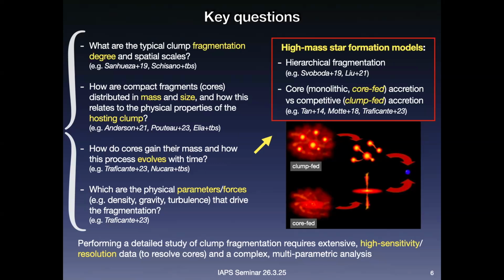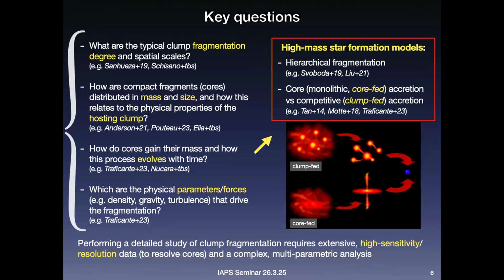Then we also want to know how the cores gain their mass and how this process goes with evolution. And ultimately, we want to understand which are the parameters and forces that drive and dominate the fragmentation process, for example, density, gravity, or turbulence effects.